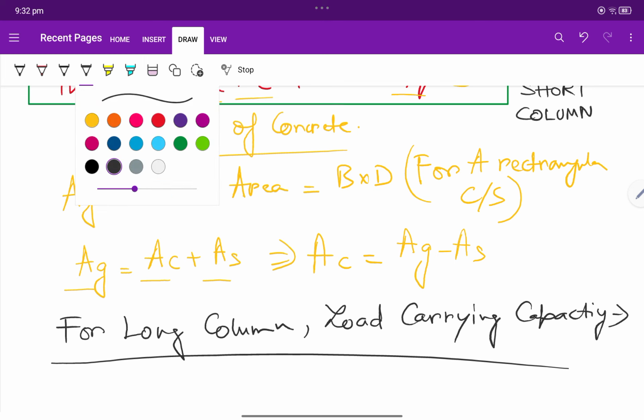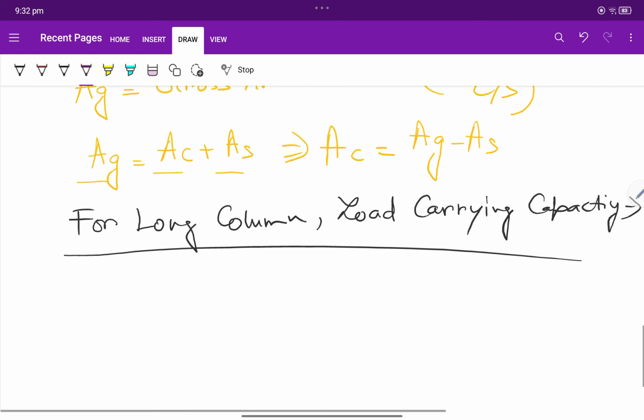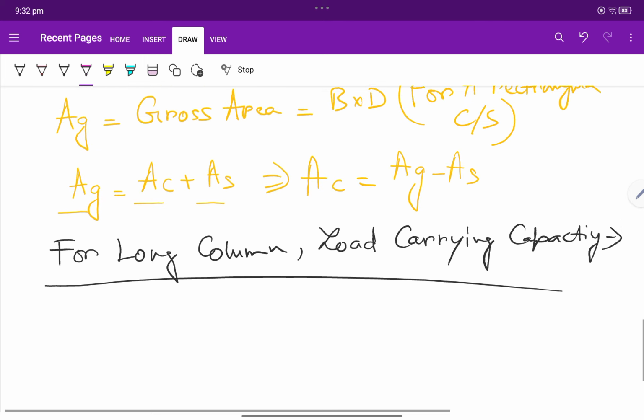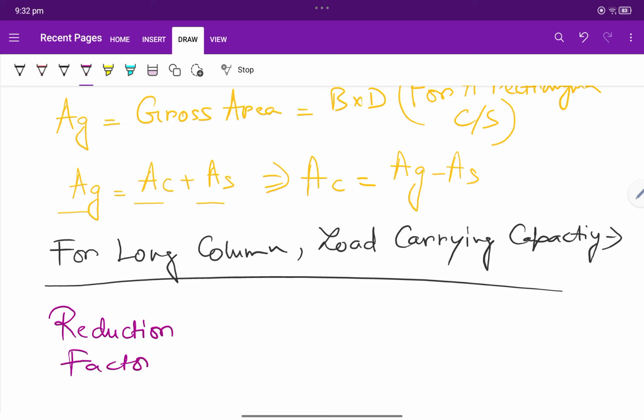See, as per IS 456, we have a reduction factor that we represent as Cr. This is only for when we design for a long column.